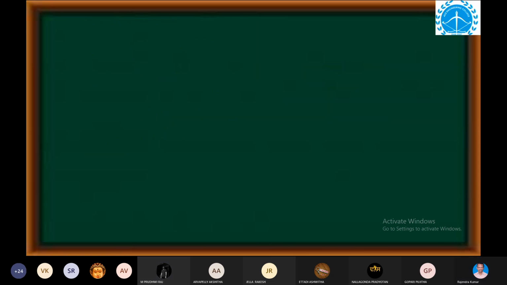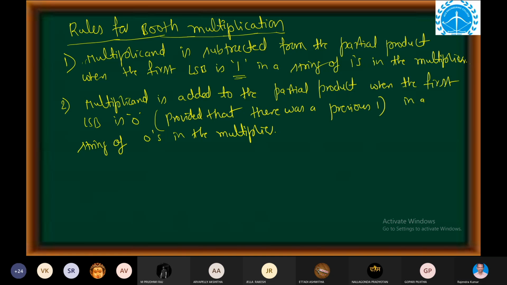That means if we get 0 in the LSB and the previous bit is 1, then add the multiplicand to the partial product.